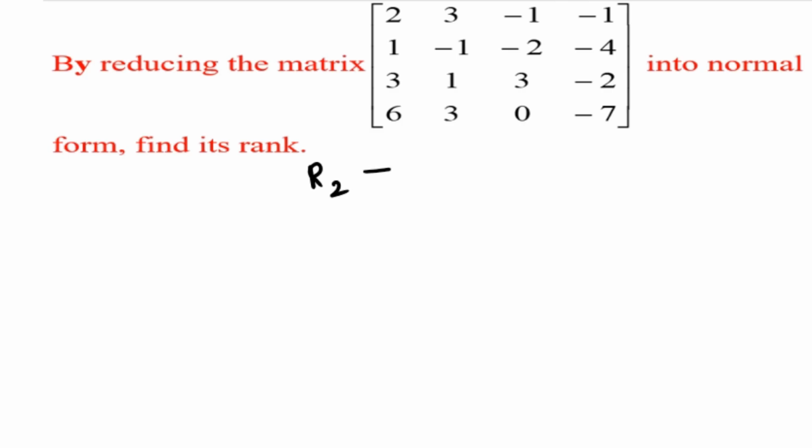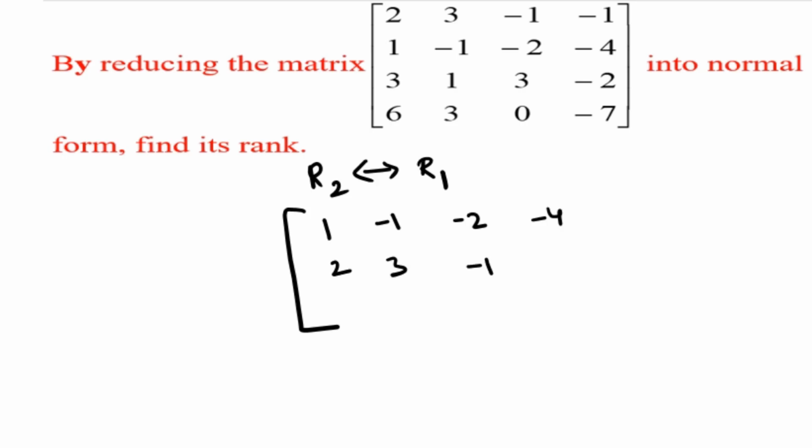R2 implies R1, interchanging R1 and R2. Now we have a matrix 1, -1, -2, -4, 2, 3, -1, -1, 3, 1, 3, -2, and at last 6, 3, 0, -7.